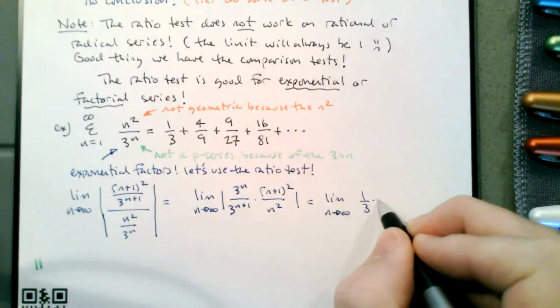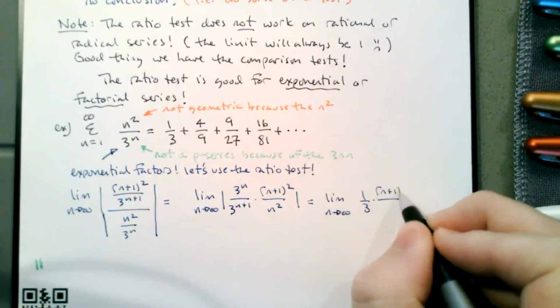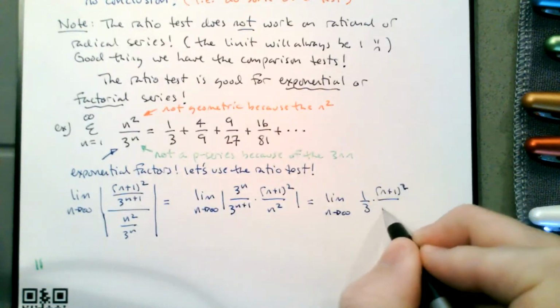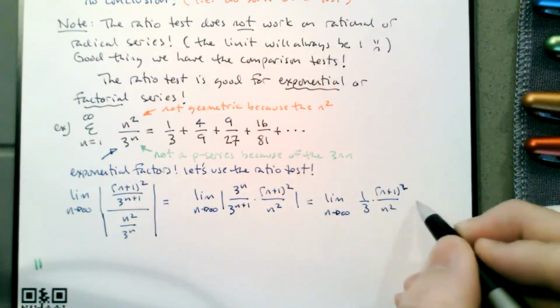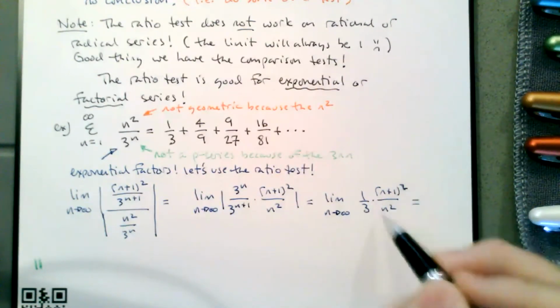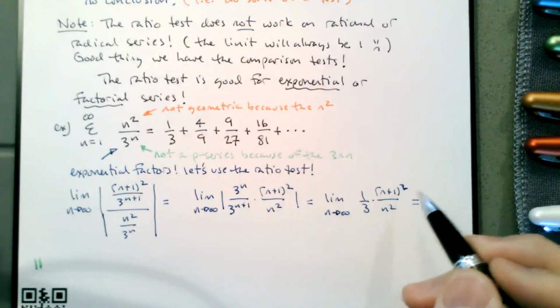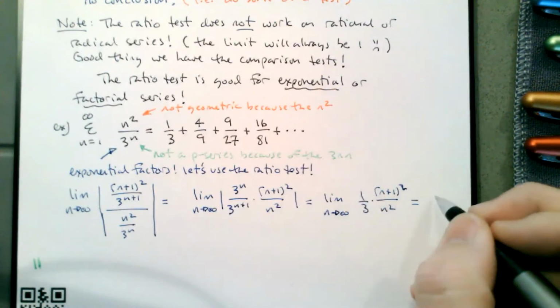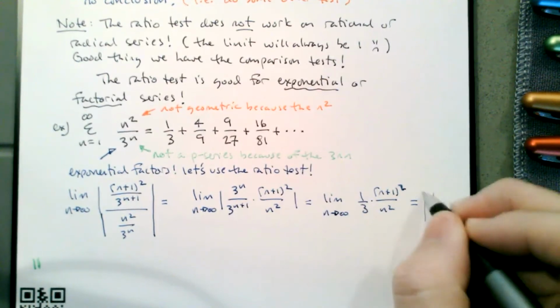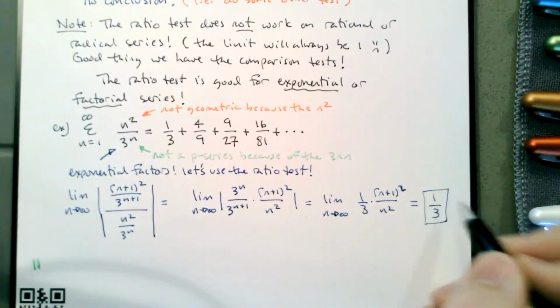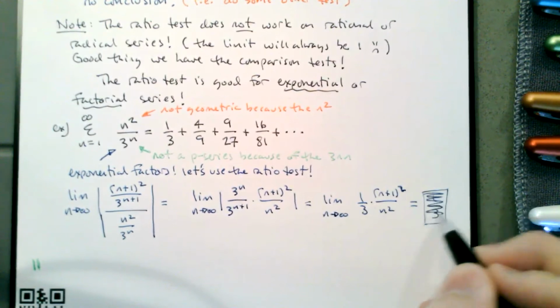N plus 1 squared over n squared, the limit as n goes to infinity, all goes to 1, but the 1/3 stays 1/3. I shouldn't box that up like it's some answer.